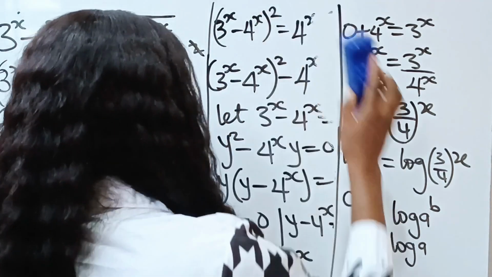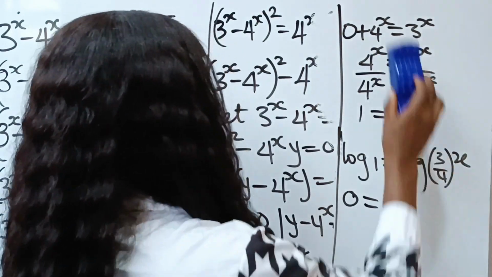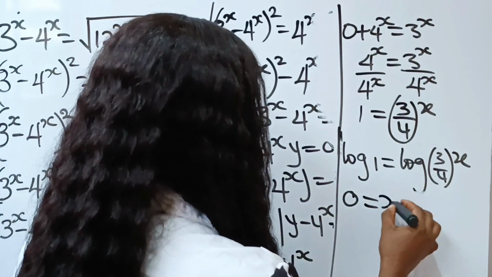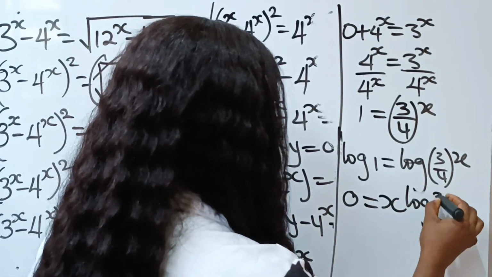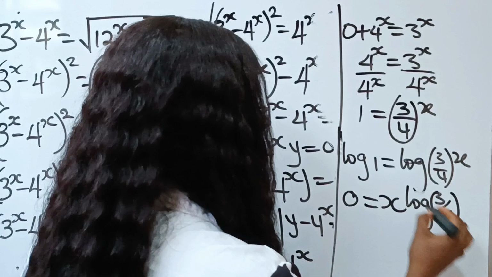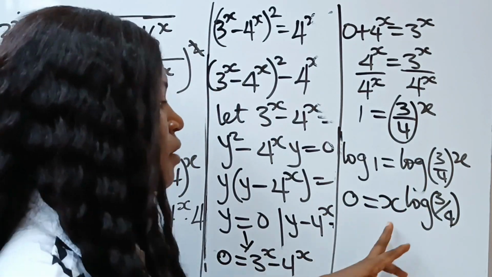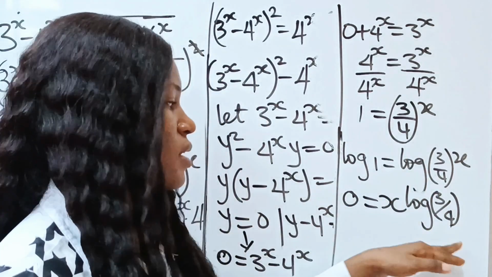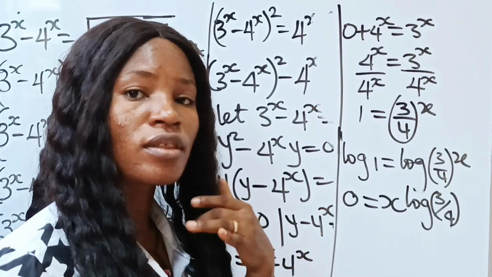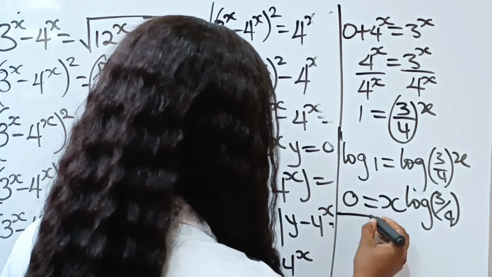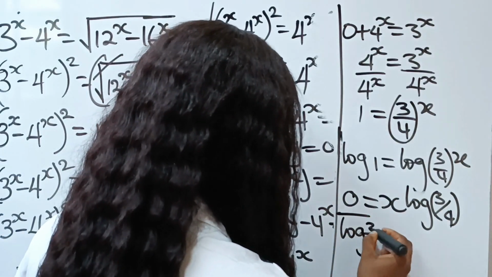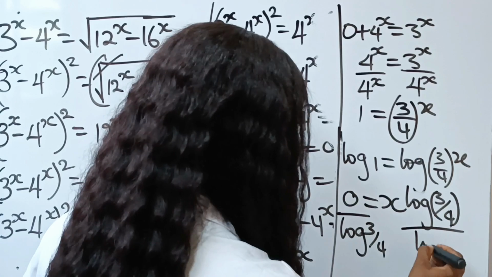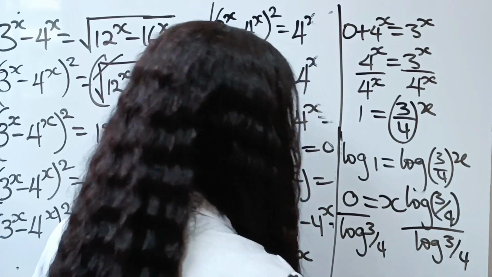So we can rewrite this as x multiplied by log 3 over 4. Now to get the value of x, we are going to divide both sides of this equation by log 3 over 4.